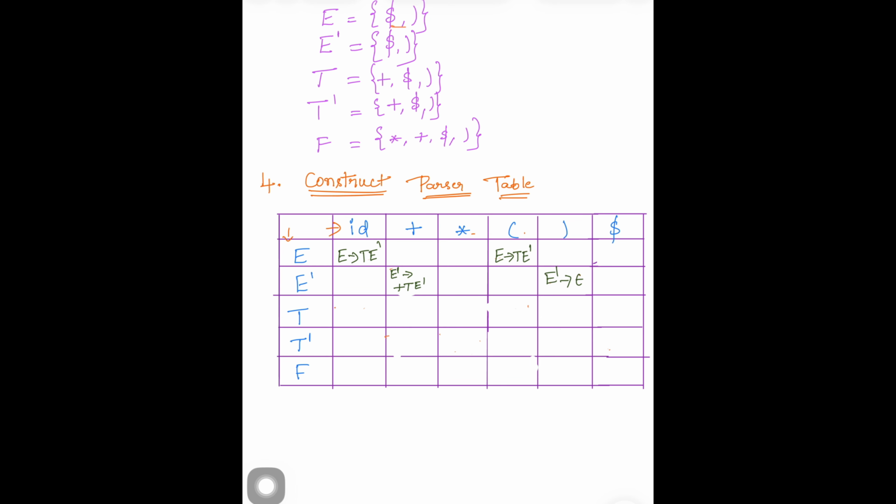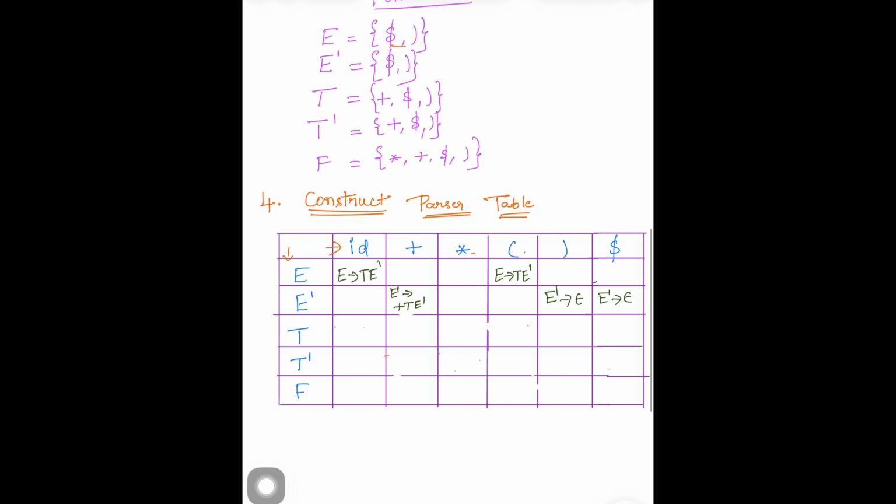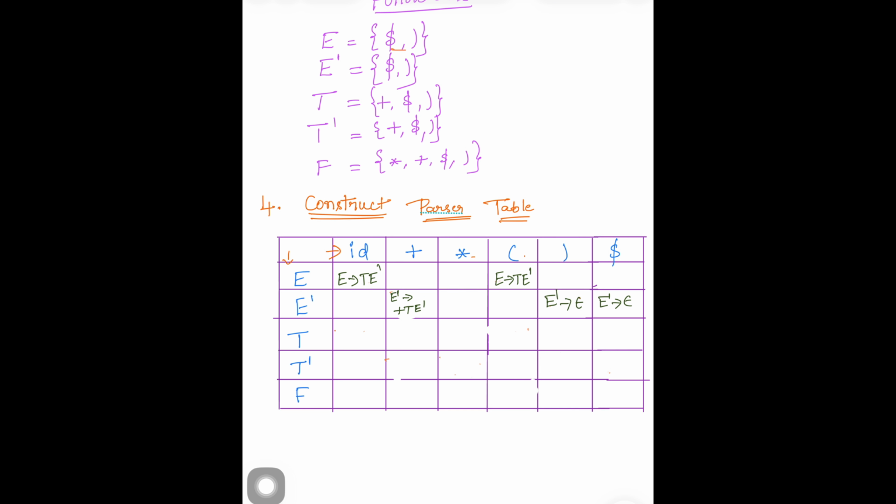Since this production contains epsilon, we use the follow of E prime, which is close brace comma dollar. So we write E prime produces epsilon under close brace and dollar symbol.